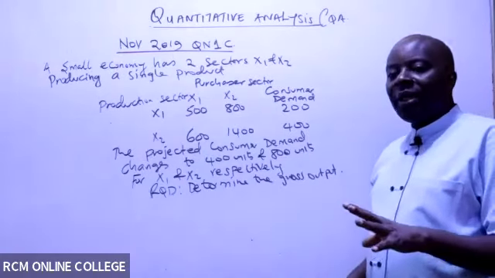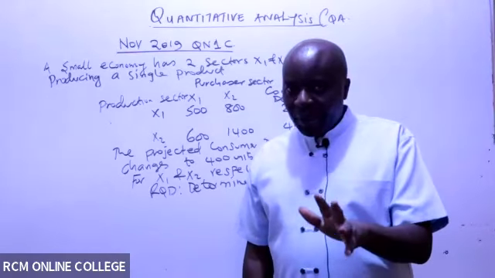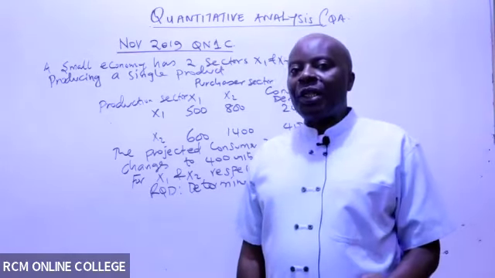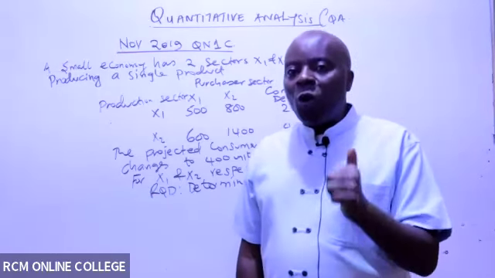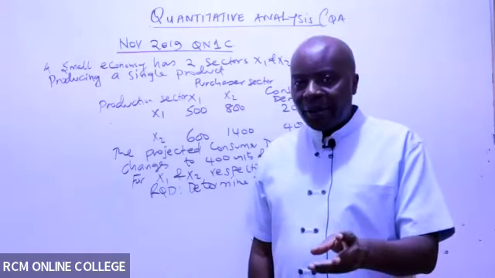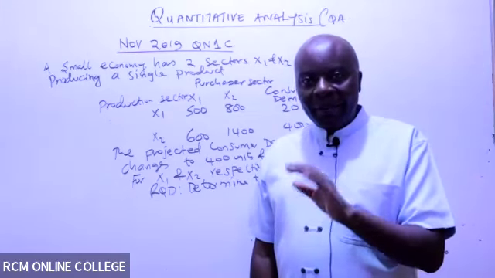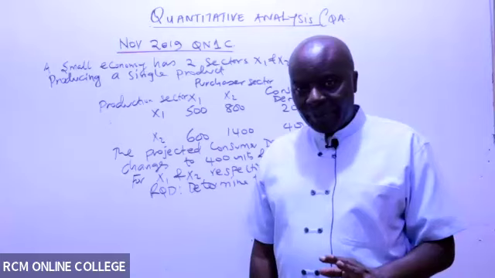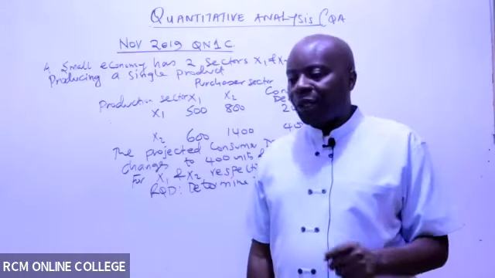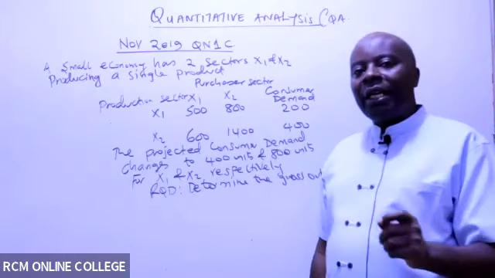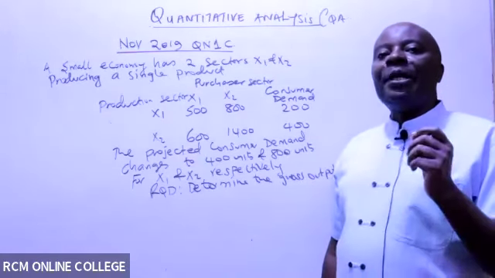So remember, this is what we call input-output. In terms of applications of matrices, in most cases, you will get them testing you on the Markovian processes or this input-output. Remember this is under matrices. The very first thing you're supposed to do in this kind of question is to demonstrate a deeper understanding of the subject by writing down the prediction model.